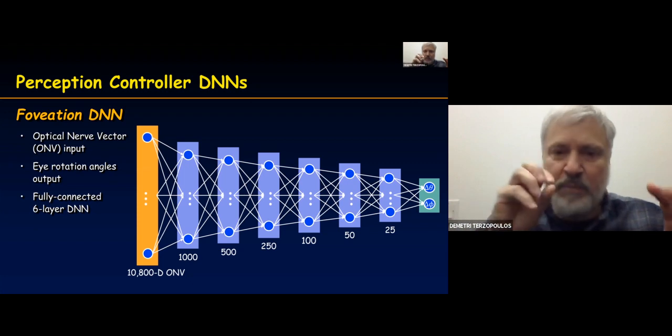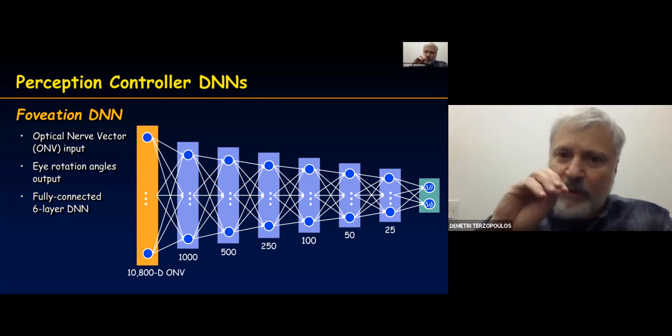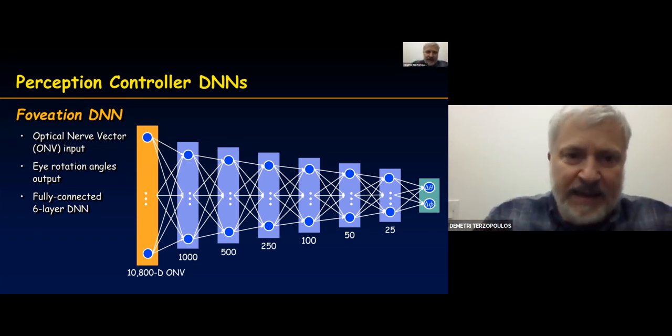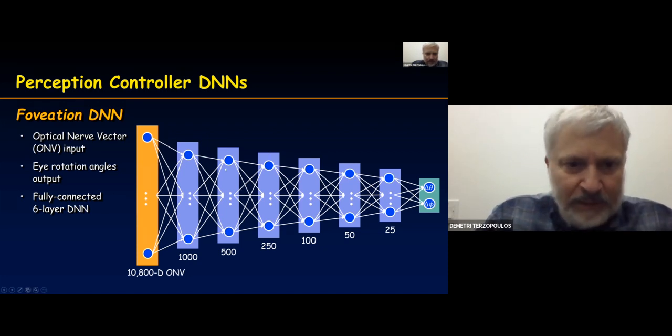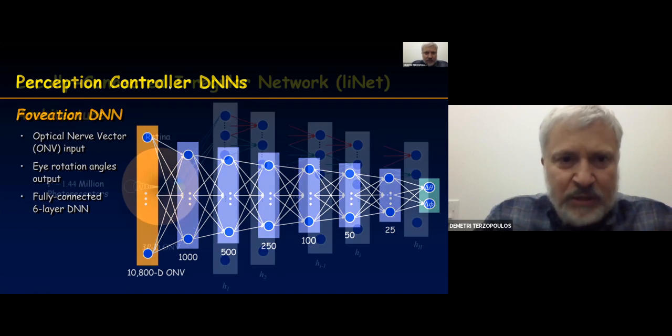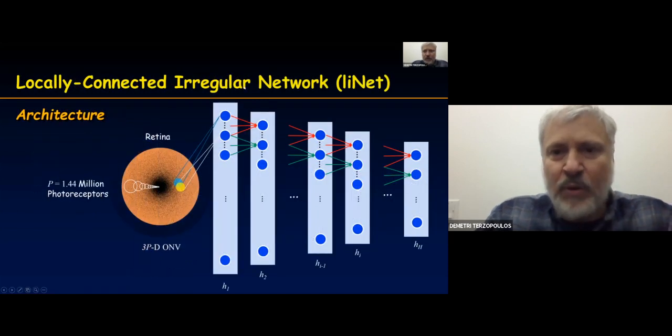We have this non-uniform distribution, so we have to create receptive fields. We call this a locally connected irregular network, or LINet.